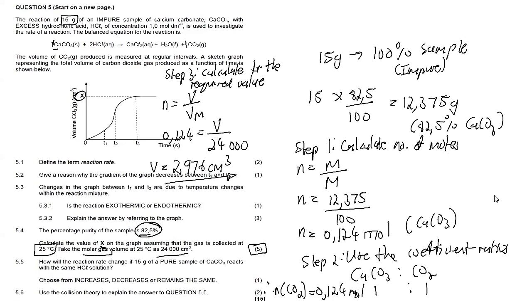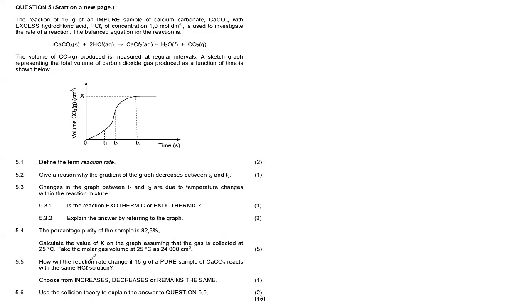Now let's proceed to 5.5. It says, how will the reaction rate change if 15 gram of pure sample of calcium carbonate reacts with the same hydrochloric solution? Choose from increases, decreases, or remains the same.